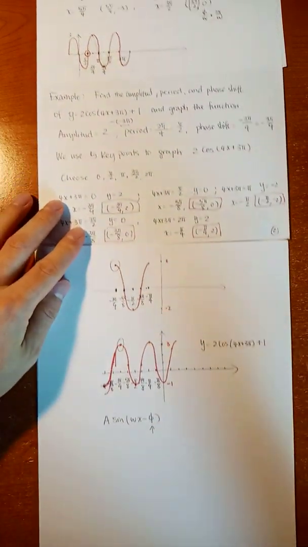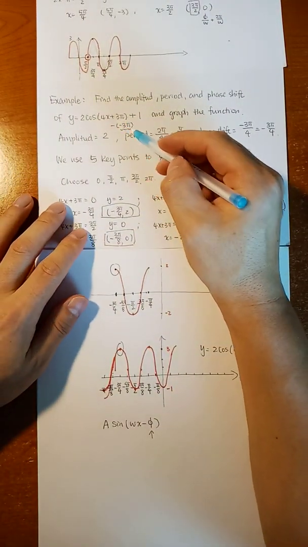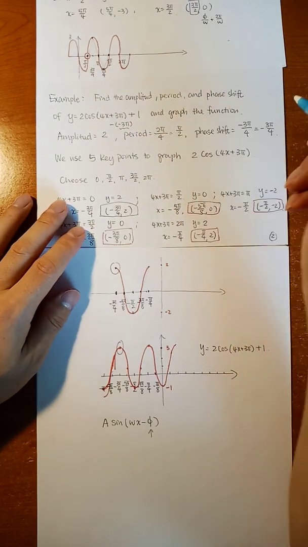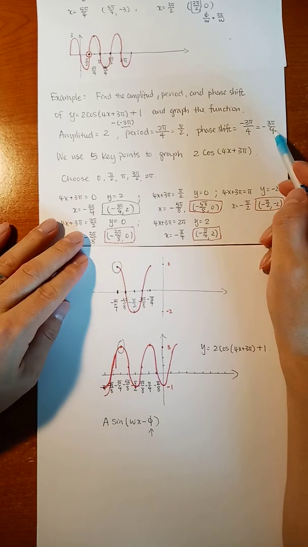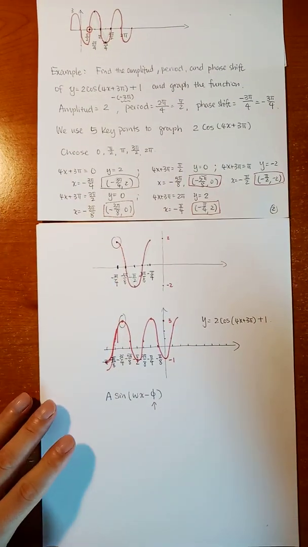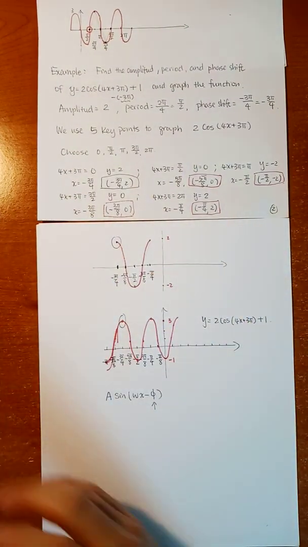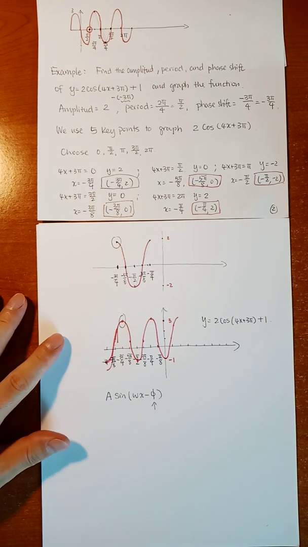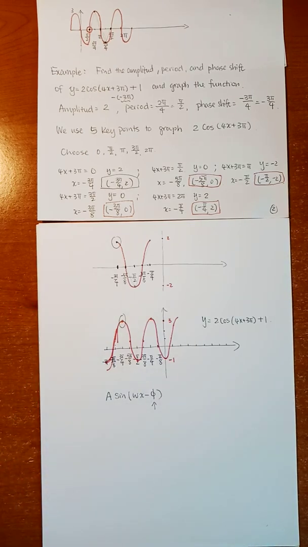For example, if you get plus 3 pi, you should realize that phi is negative 3 pi, and the phase shift is negative 3 pi over 4. We shift it to the left. Okay, so this is very important, except that all the concepts were already discussed in the previous sections.